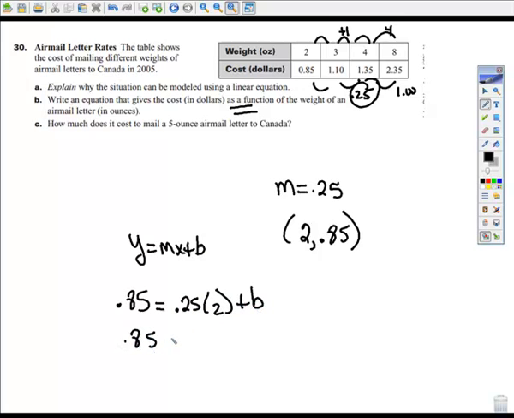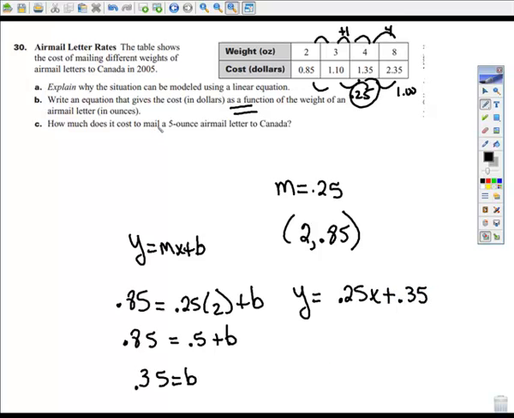So 0.85 equals, well, 2 quarters is 50 cents plus b. And if I subtract 50 cents from 85 cents, I get 35 cents. So my equation is y equals 0.25x plus 0.35.